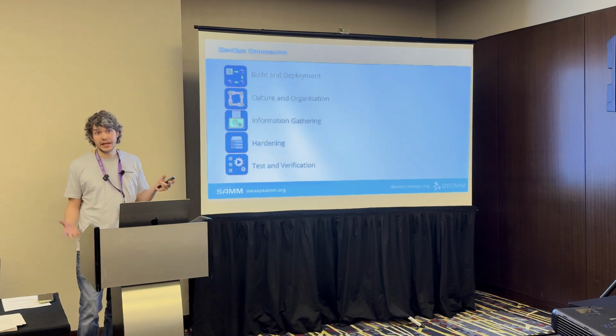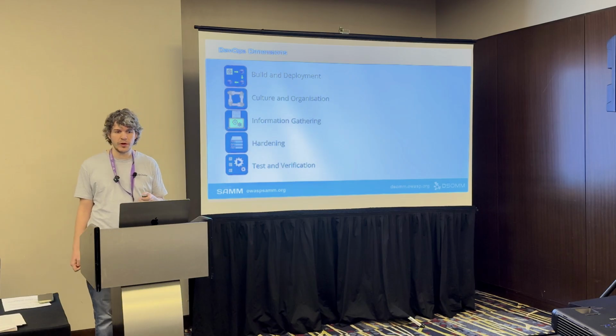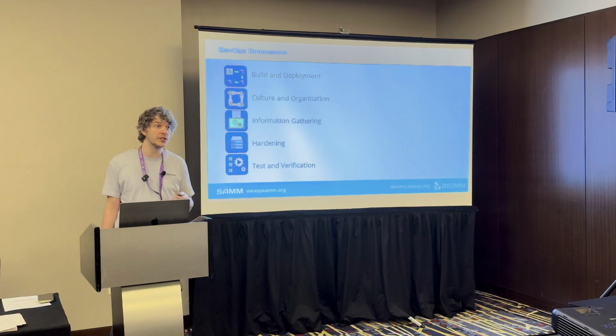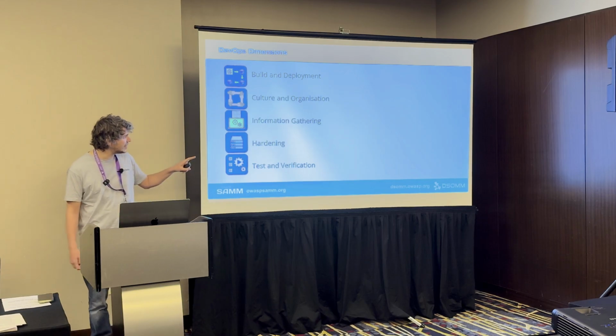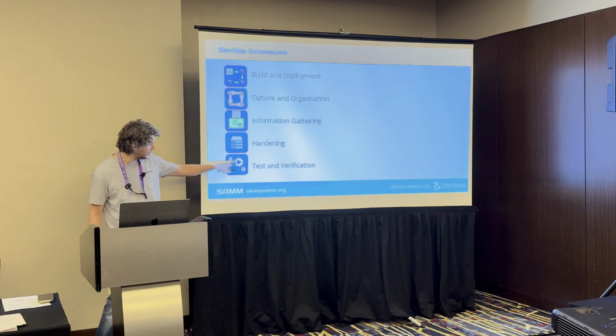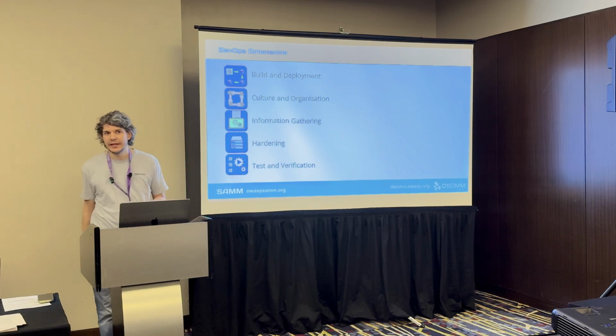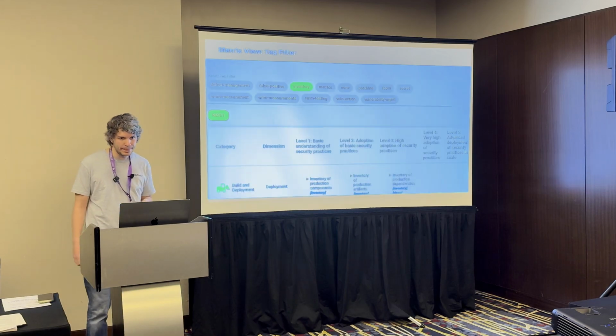The dimensions are build and deployment, culture and organization, information gathering, hardening, and test and verification. Some might overlap with SAMM, like test and verification, where you have a tight coupling, while others don't overlap directly.